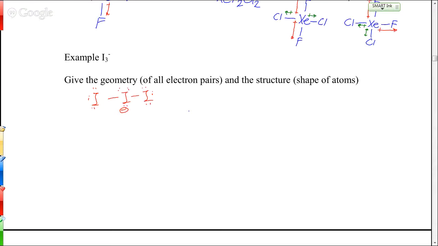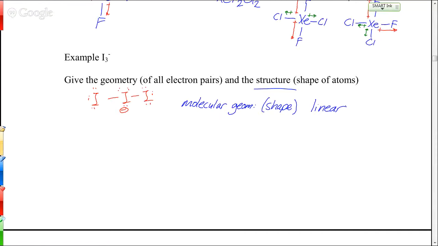Planar would be the structure, the molecular geometry. So the molecular geometry, or the shape, we would call it not planar, but linear, meaning that the atoms are just in a straight line.